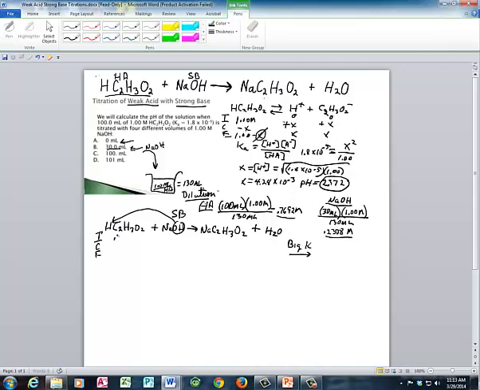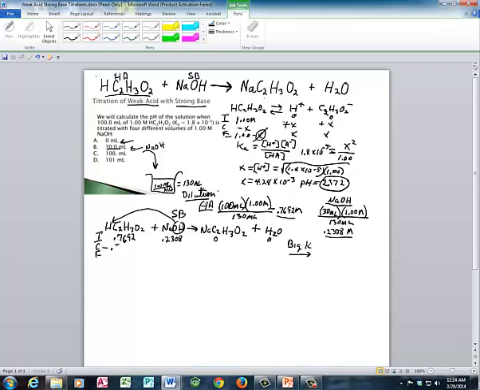My concentration of acetic acid is 0.7692 molar. My concentration of sodium hydroxide is 0.2308 molar. I start out with no sodium acetate, and I really don't care about any additional water. It's not going to make a difference. Since this reaction goes all the way, this is a limiting reactant problem, so we subtract whichever reactant is limiting.